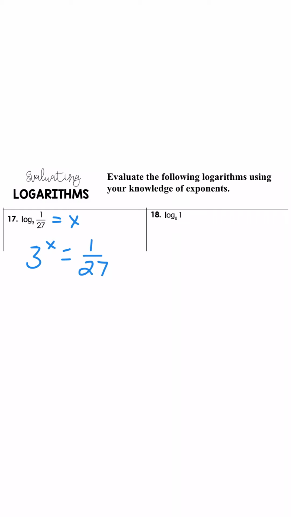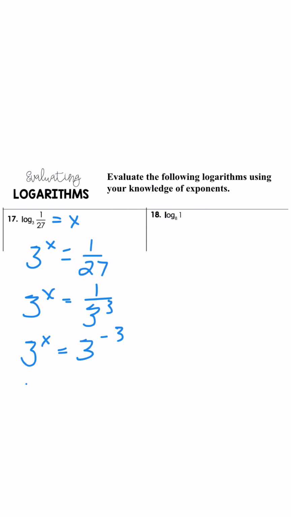And I know that 3 to the 3rd power equals 27. And if I go the other way around, use the inverse, then I know that 1 over 3 to the 3rd power is the same as 3 to the negative 3 power.